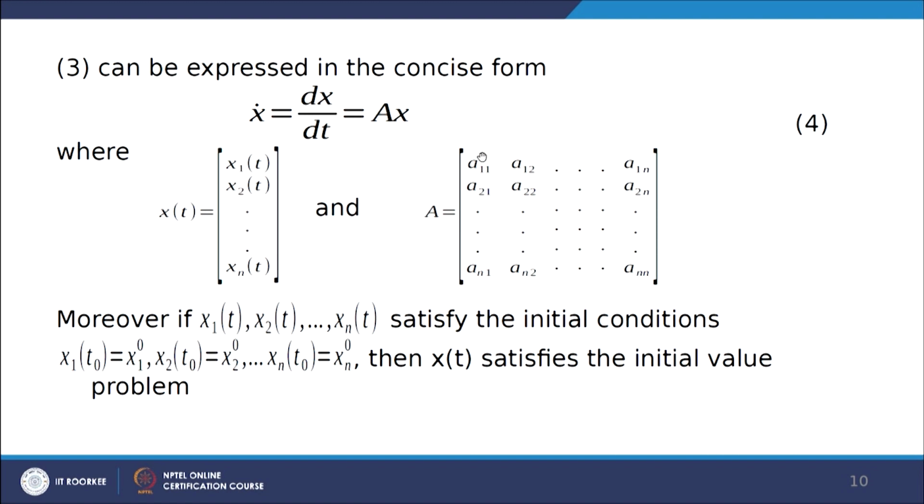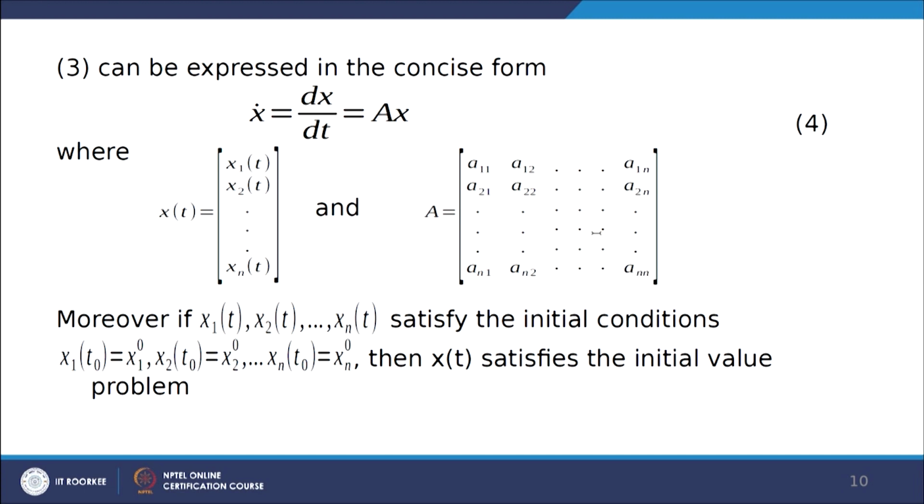If you multiply A by x, the first row of Ax will be a11 x1 plus a12 x2 and so on a1n xn, the second row will be a21 x1, a22 x2 and so on a2n xn, and the last row will be an1 x1, an2 x2 and so on ann xn.